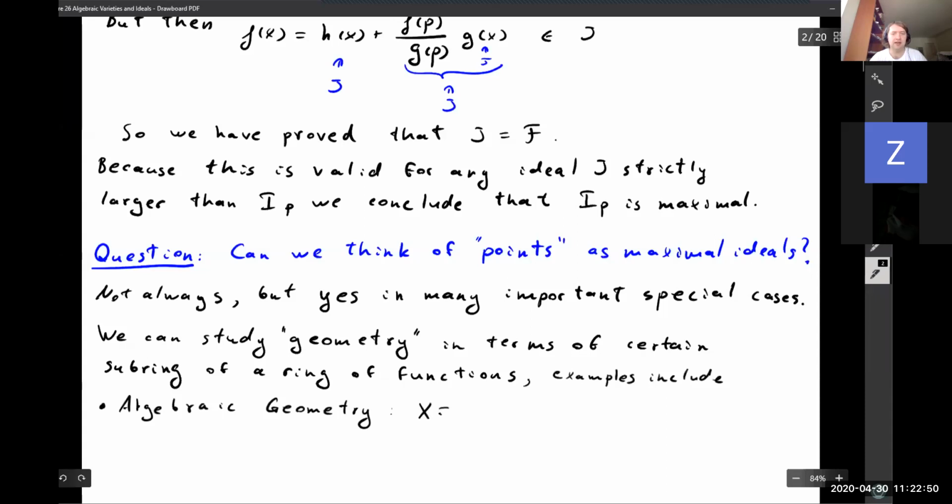where this X is just the set of n-tuples of a field. So if, for example, this F is a field of complex numbers, this will be an n-dimensional complex space.